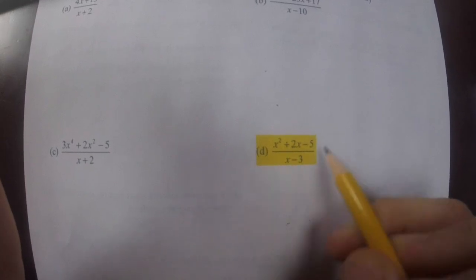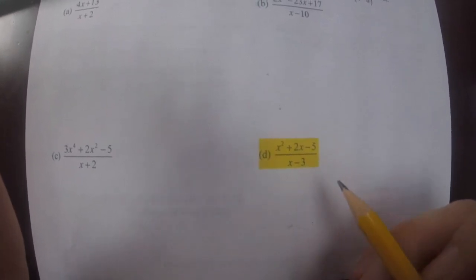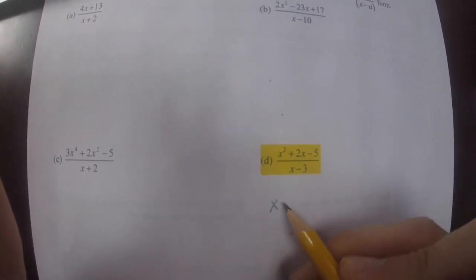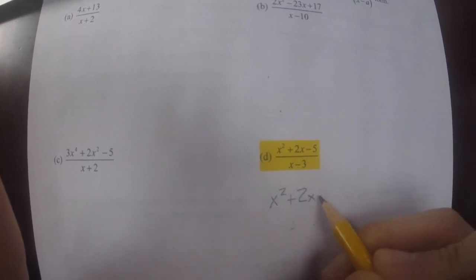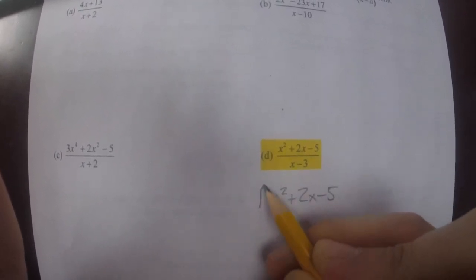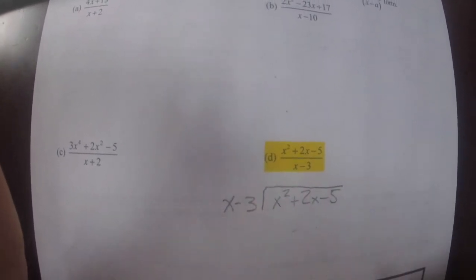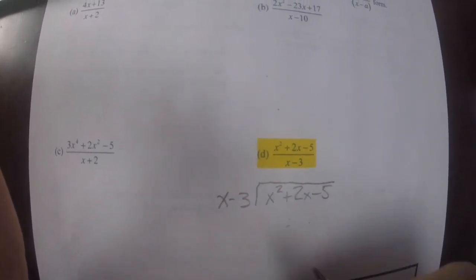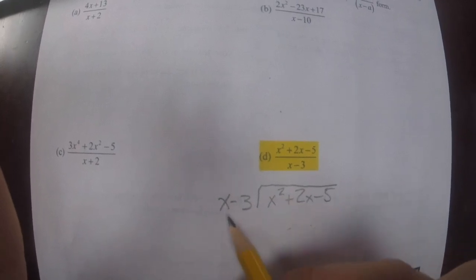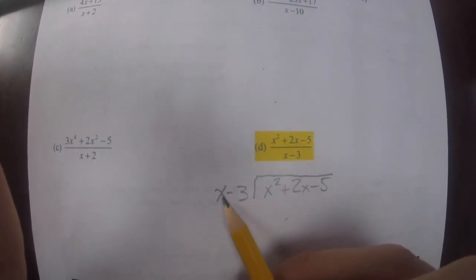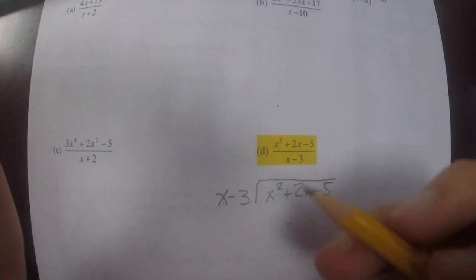We have to do x squared plus 2x minus 5 divided by x minus 3. All right. So first things first, we take a look here. We're saying, what can I multiply x by in order to get x squared?